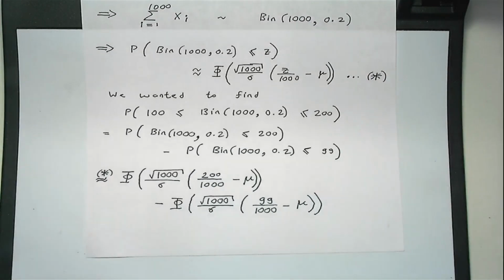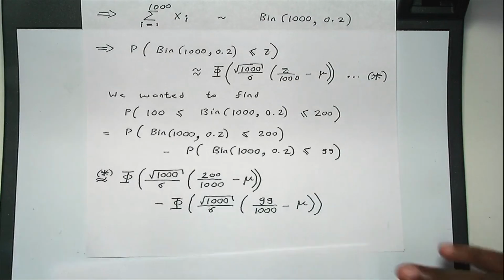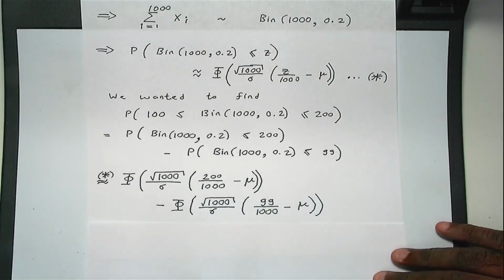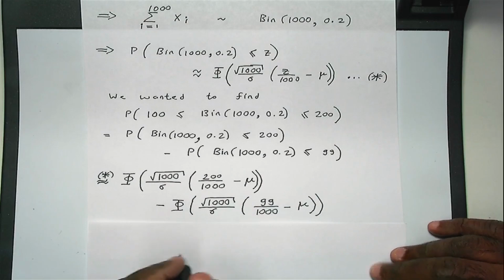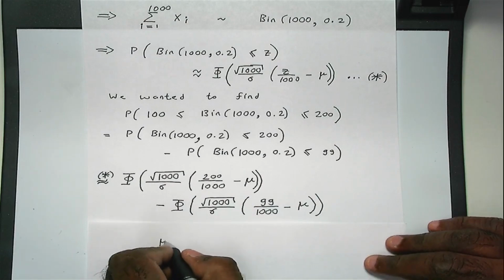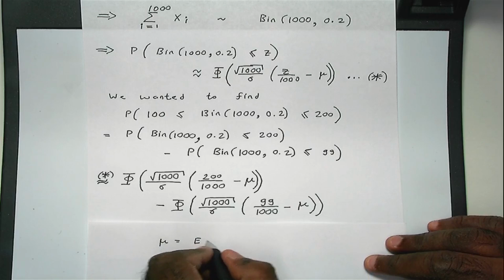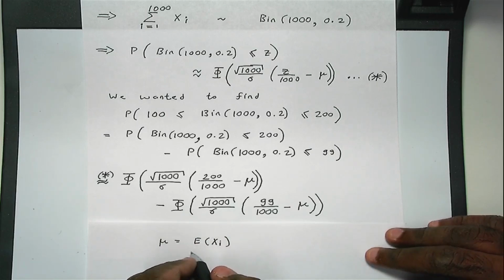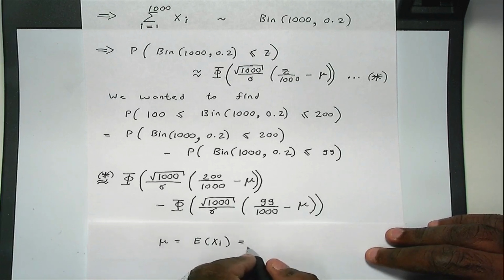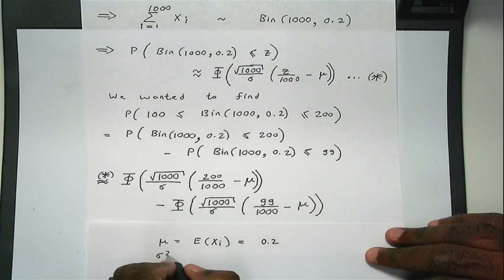Let me take another sheet here. Mu is the expected value of xi, where xi is a Bernoulli variable, and you should know the formula for the expectation of a Bernoulli is p. In this case, p is 0.2, and sigma squared is the variance of xi.